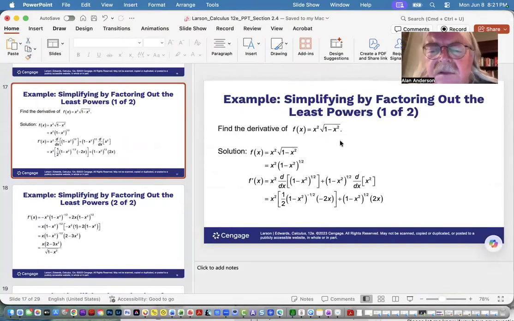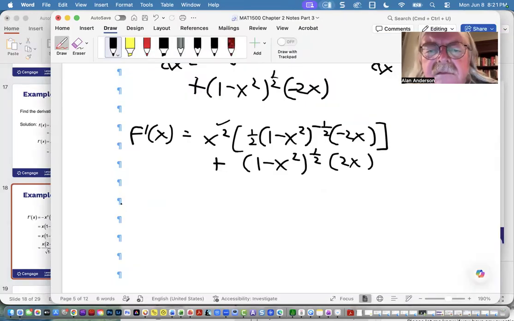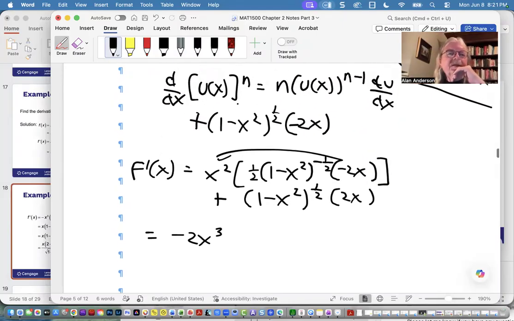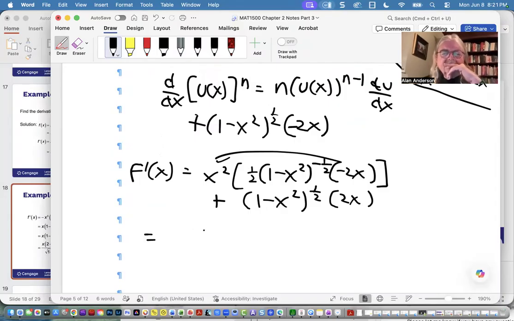But okay, I think what they did was they multiplied these, but then there's a half here, so that means, oh God, what a mess. So they multiplied out the x squared, the half, and the negative 2x.